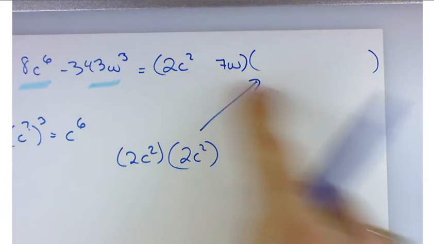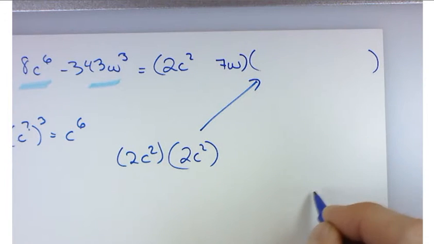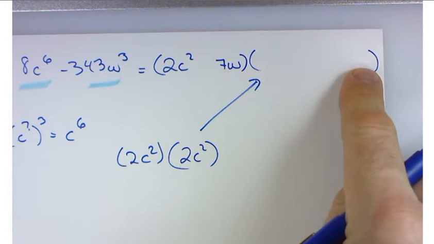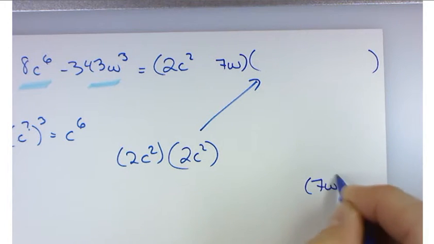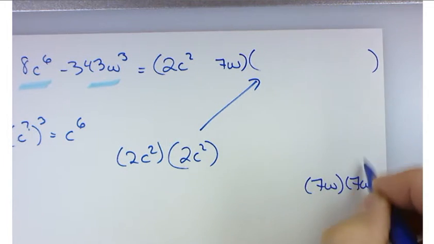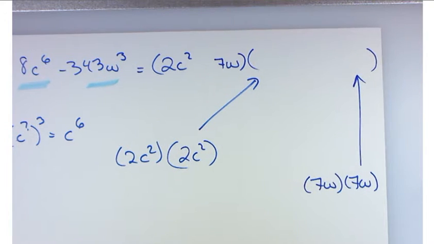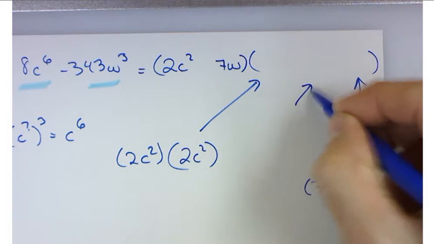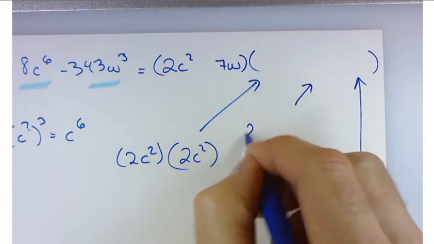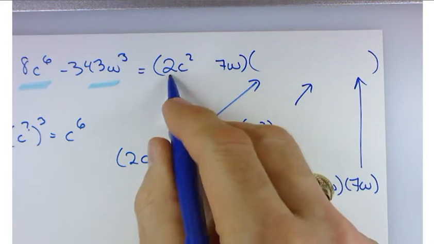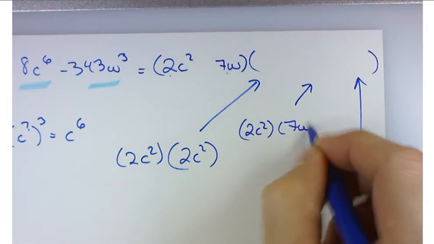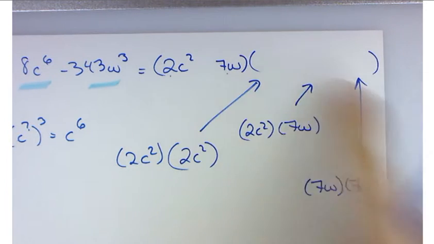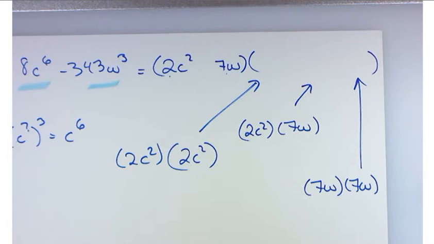What do I multiply to get the last term? 7w times 7w. Then I'm going to need the middle term: 2c squared times this. So I'm using these 2 terms to come up with these 3 terms.